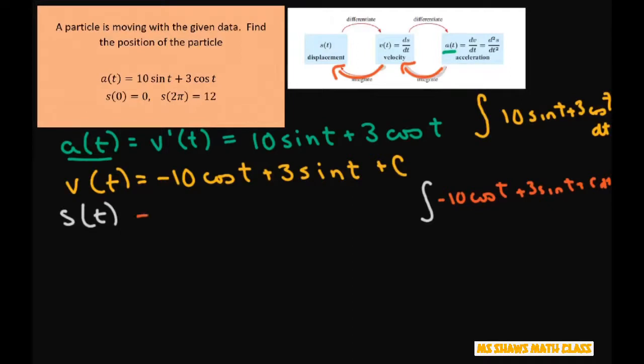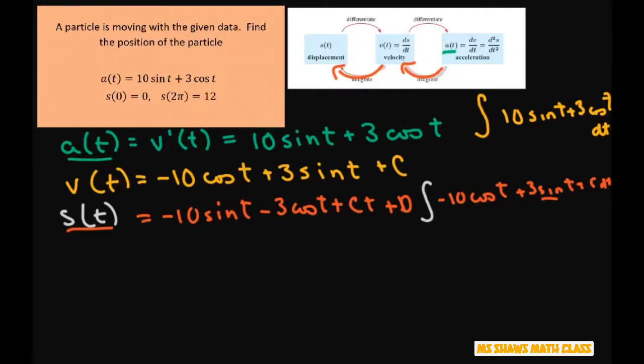The antiderivative of cosine of t is sine of t, so you write negative 10 sine of t, and then minus 3 cosine of t, since the antiderivative of sine is negative cosine. The antiderivative of c is ct, and then you write another constant, d. So that's your s of t.